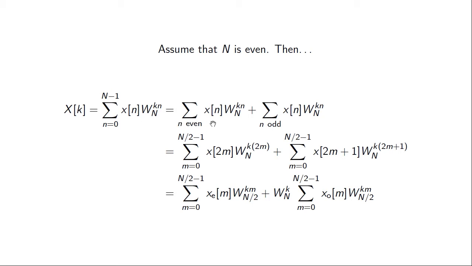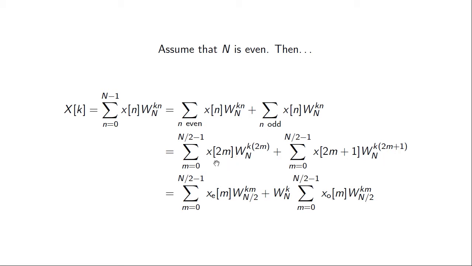To parameterize and explicitly express the even terms, we introduce this dummy variable m, which runs between 0 and capital N over 2 minus 1, so for capital N over 2 terms. And wherever n appears, we introduce 2m as a parameterization of the even n. We do the same thing for the odd terms, but we replace each occurrence of n with 2m plus 1, here and here.